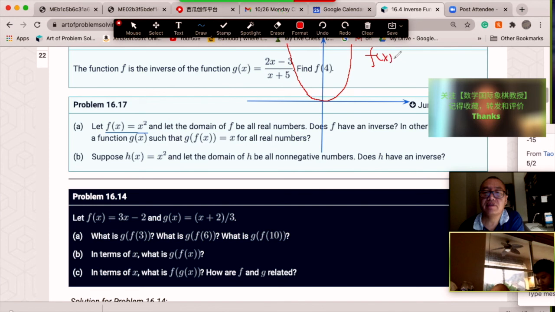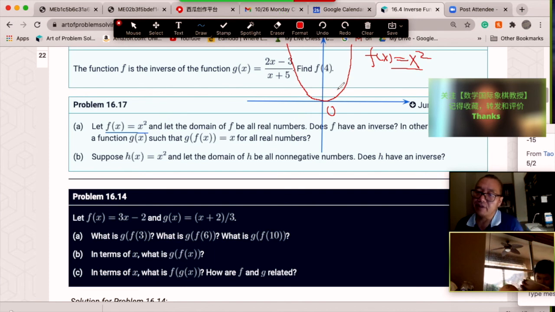We know this one is a function, right? When you check, you draw the vertical line everywhere, you only get one intersection for y. This one is a function. That's true. But now if you try to find the inverse function for this, does that inverse function exist?